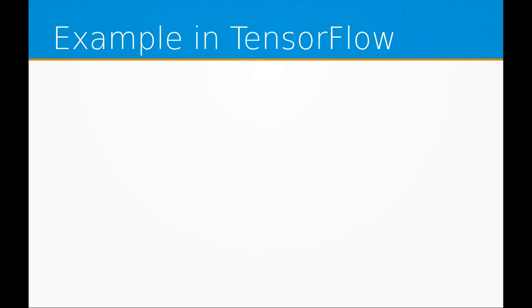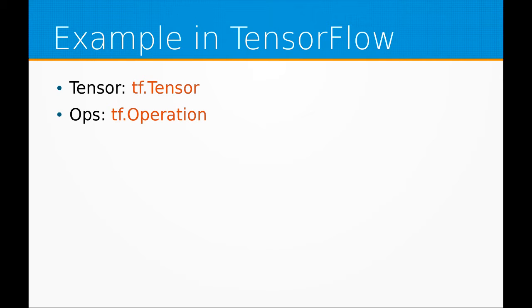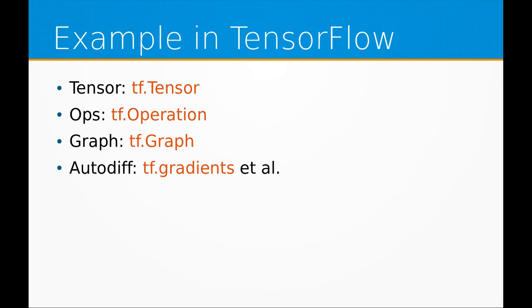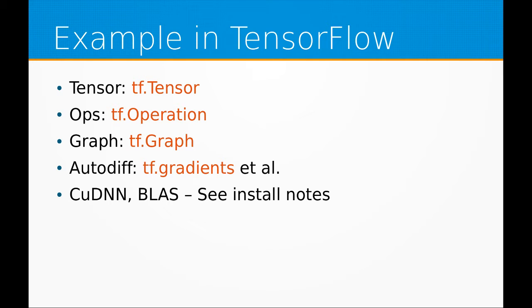For example, in TensorFlow, you have the tensor represented through the tf.Tensor API, operations through tf.operation dot whatever you want, add, sub, mul, and then you have the computational graph represented as tf.Graph, and autodiff can be accessed through tf.gradients, and there are other functions and objects and modules available in TensorFlow that you can look up. And cuDNN, cuBLAS, these are packages that these link to.